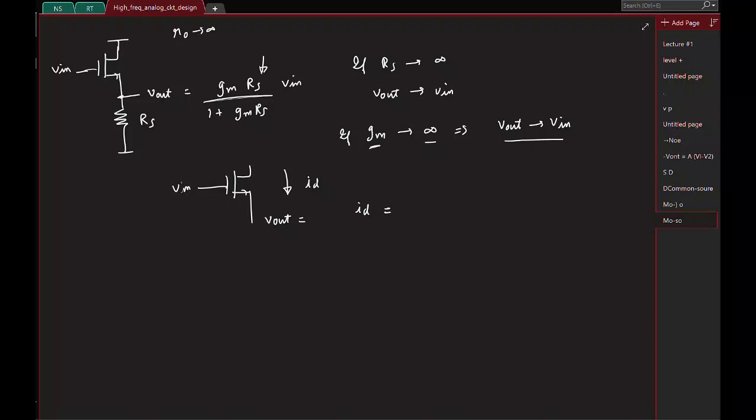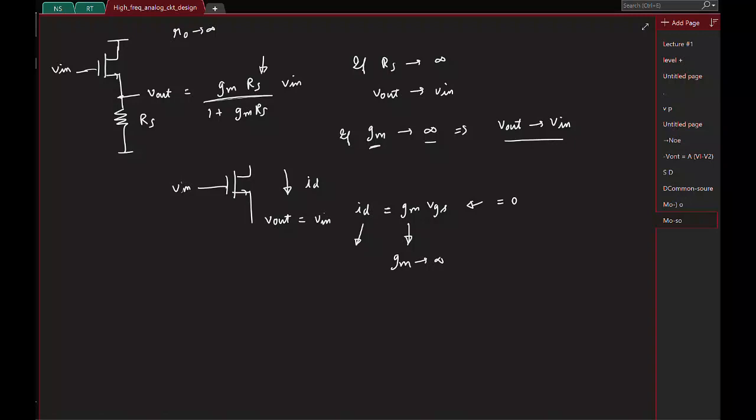Yeah, small signal, everything is in small signal. It's GM times VGS. Now what I'm saying is GM is infinity. If GM tends to infinity, to have a non-zero drain current, what should happen? VGS must go to 0, right? So VGS will go to 0, which means V out will be equal to V in.